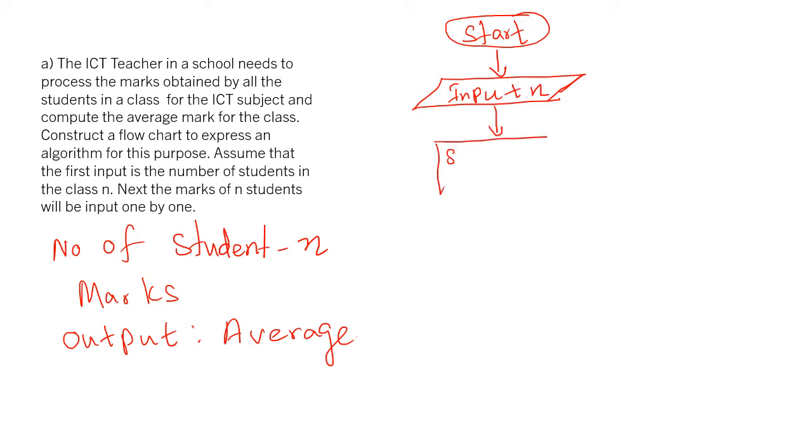One variable is sum. You have to add all the marks together, so initially we'll make it 0. And we need I, the counting variable, to count how many rounds you need to execute. The loop counting variable we keep as I.